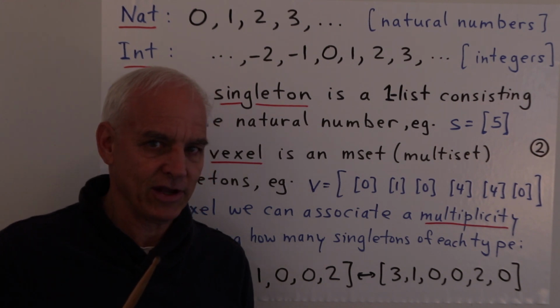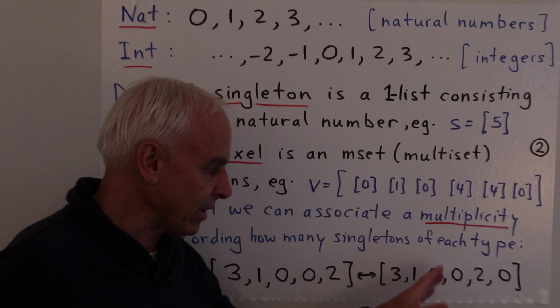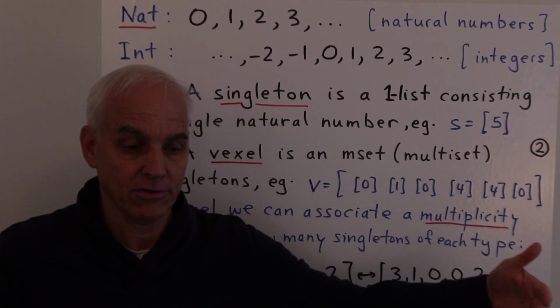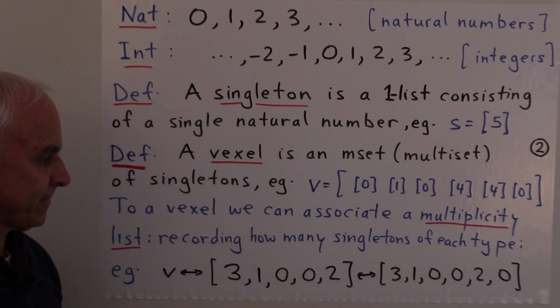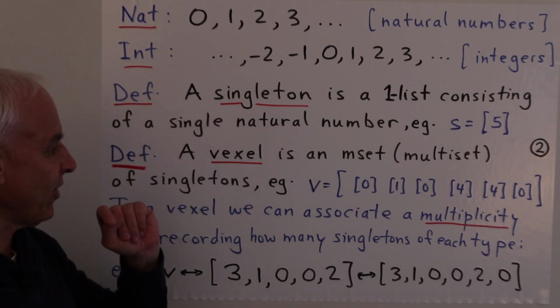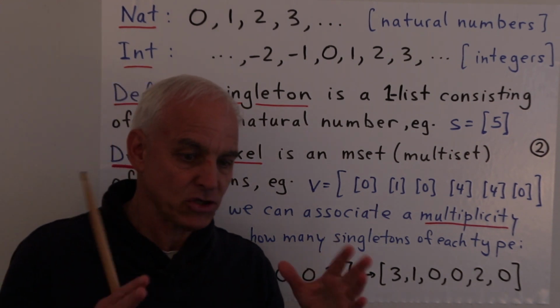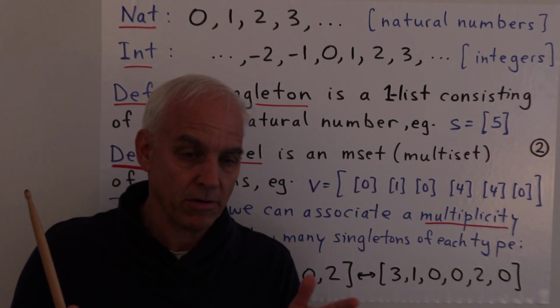So a multiplicity list is not exactly unique if we're willing to allow ourselves to append unnecessary zeros at the end. So we have singletons and we have vexels, purely in terms of natural numbers and little data structures formed from them.